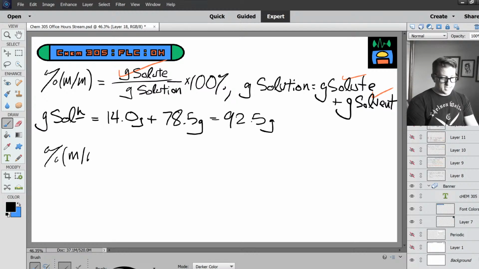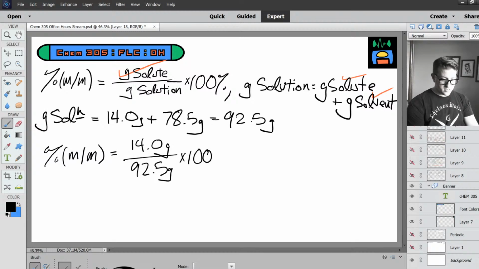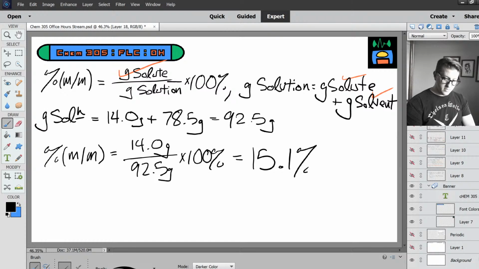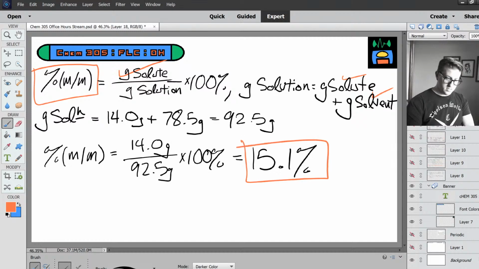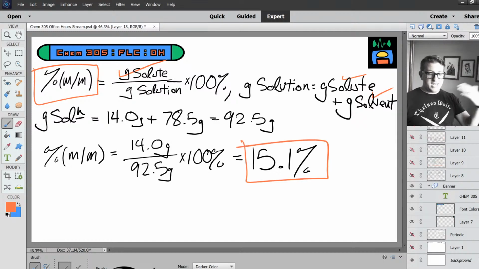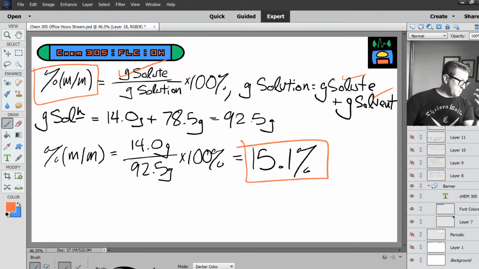So now we have our percent mass is equal to mass of solute, 14.0, divided by mass of solution, 92.5, times 100%. So I've got 14.0 divided by 92.5 times 100. So this comes out to be 15.1%, and that is the percent mass.